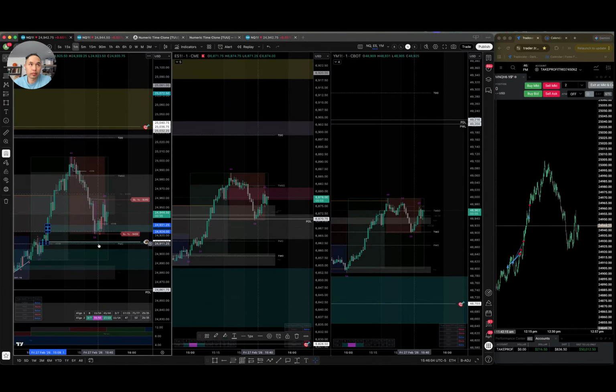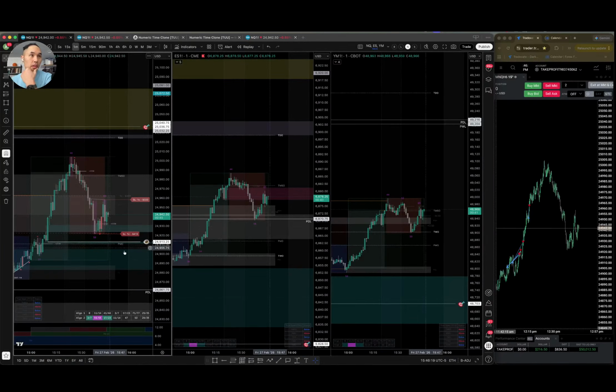I mean, just chop it around in between this SIBI with this inversion, plus the SIBI and this BISI holding it up. Nasty range. Let's see here.